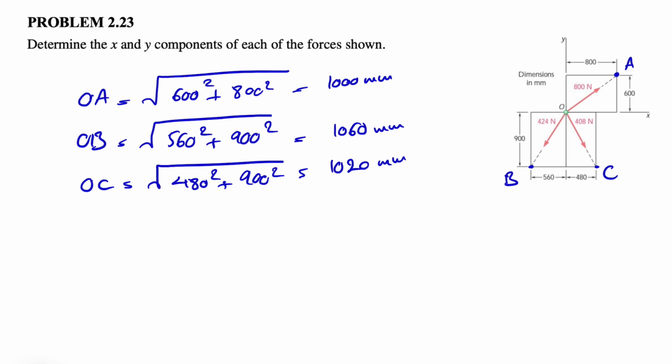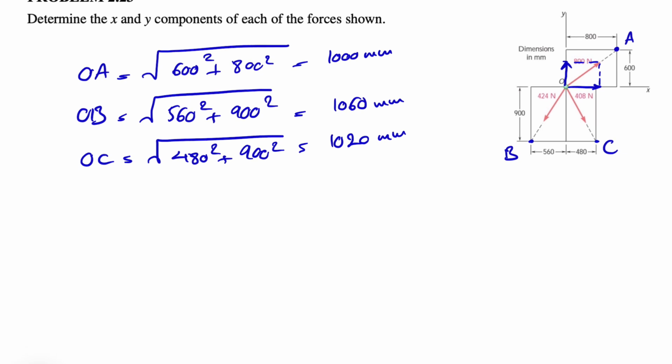Let's start with the 800 Newton. If we look at it, we'll see that this will be the x component and this will be the y component. They're both along positive x and y axis, so it will be positive for each. So we are doing the 800 Newton force.